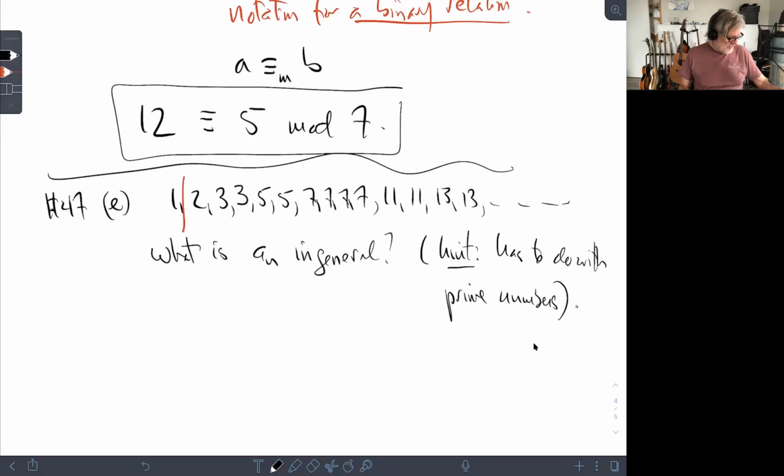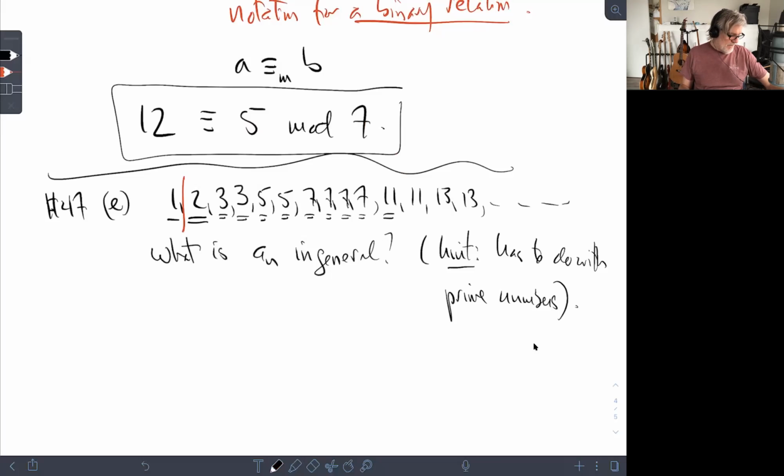So you have 1 and then 2 and then 3. Now we've reached a_4, and we just write down 3 again. Then we reach 5. We write 5, 6, 7, 8, 9, 10, 11.